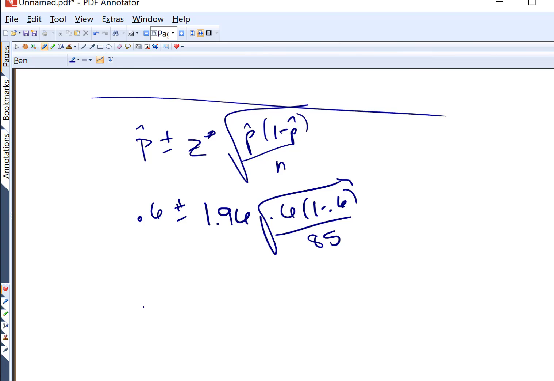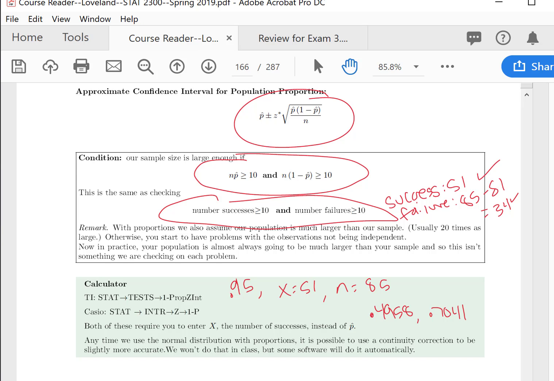That gives me 0.4958 to 0.7041, which is the same thing I got when I did it on the calculator, which it is.